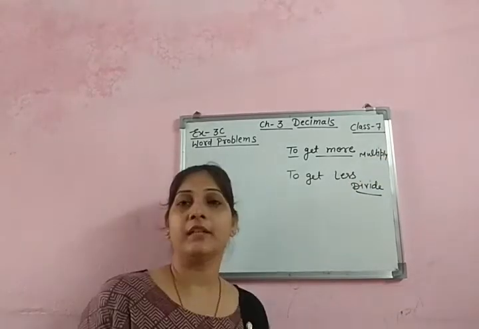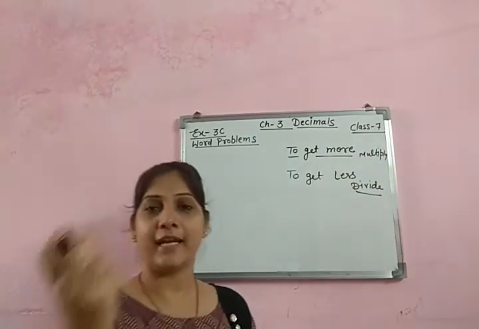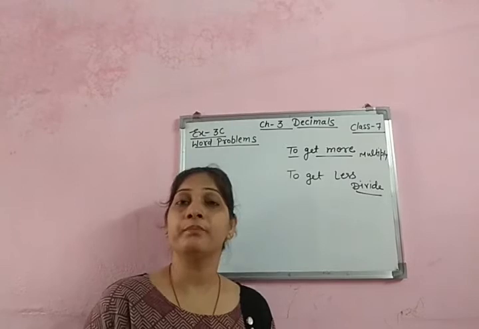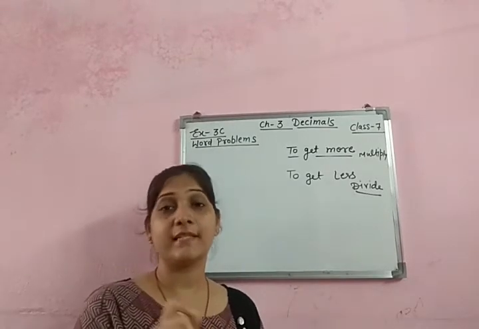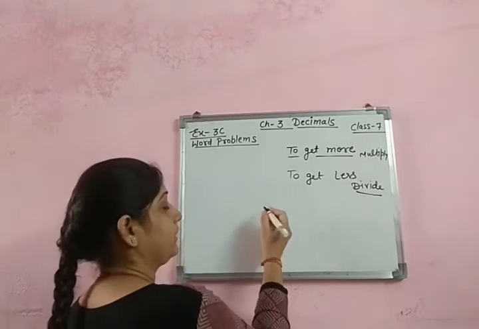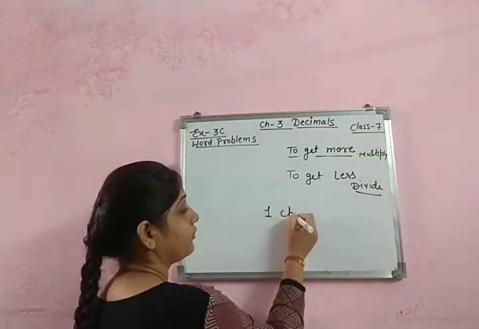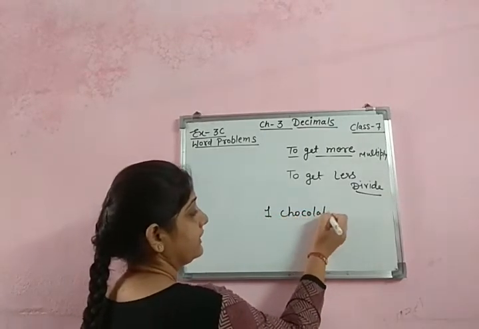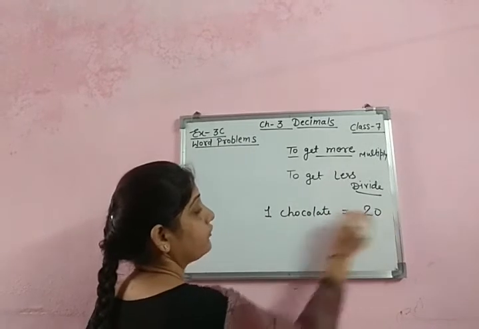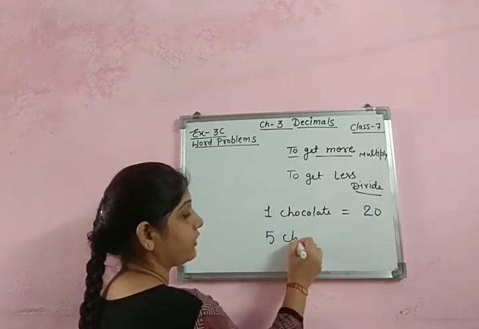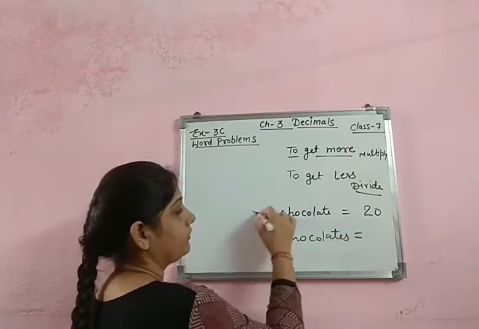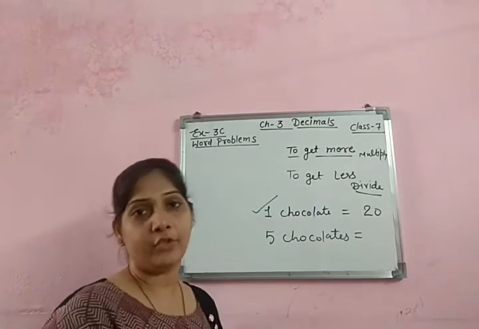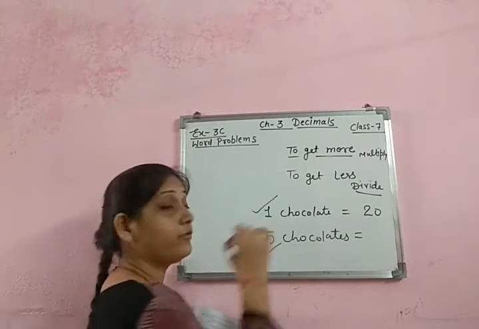If you remember from your previous classes also, I'm sharing one example with you. One chocolate costs 20 rupees. And I want to find the cost of 5 chocolates. Everyone knows that the cost of 1 is given to me and I want to find for 5.